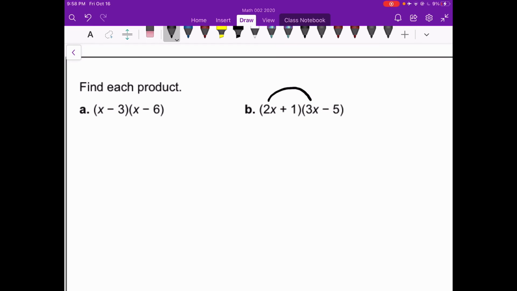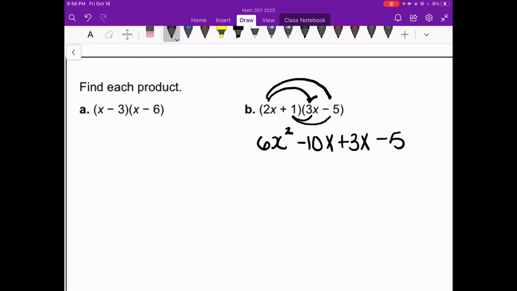So 2x times 3x is 6x, and then since there's 2 of the x's being multiplied, it's squared. 2x times negative 5 is negative 10x. 1 times 3x is positive 3x. 1 times negative 5 is negative 5. Like terms, 6x squared minus 7x minus 5 is your final answer there.